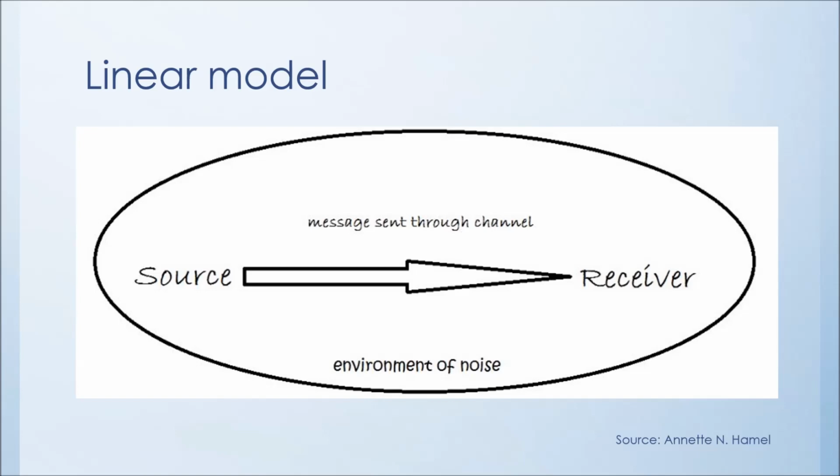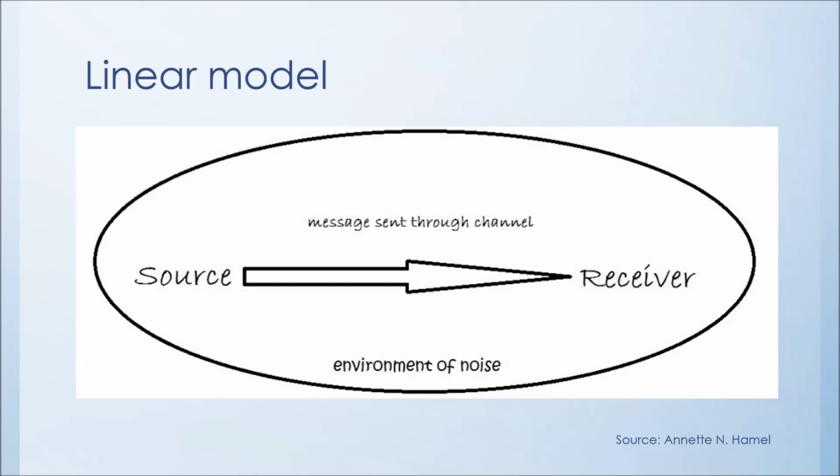It's very much a one-way form of communication. Person A sends a message to person B. If you ask most people to draw a picture of the communication process, this is what they might come up with. But as you think on it, you probably realize that this is pretty simplified and there's more going on in most communication processes.